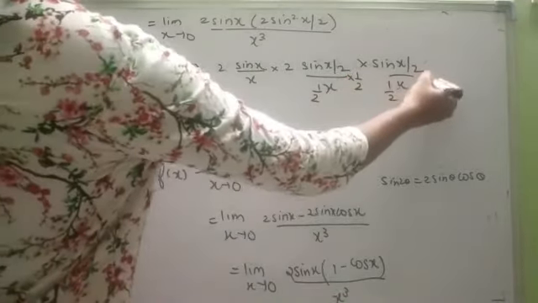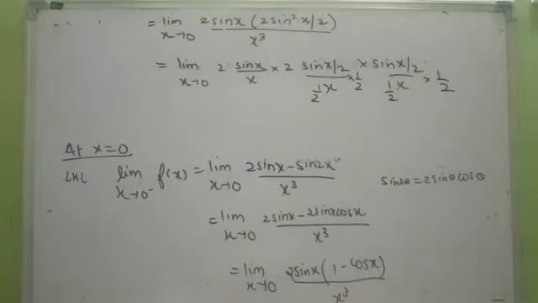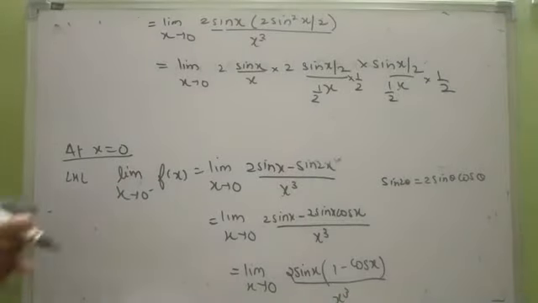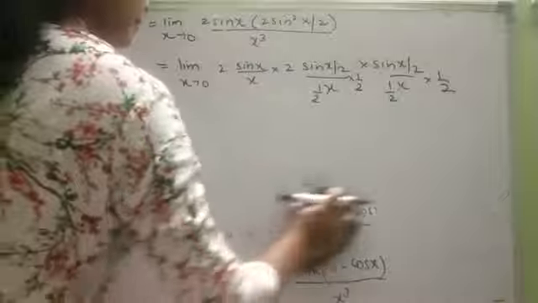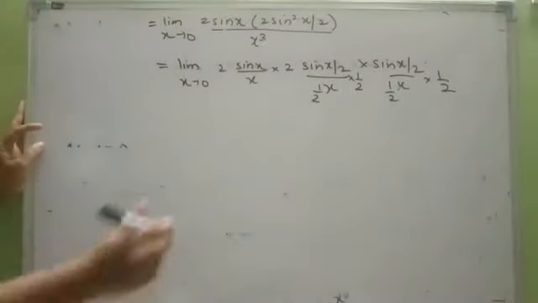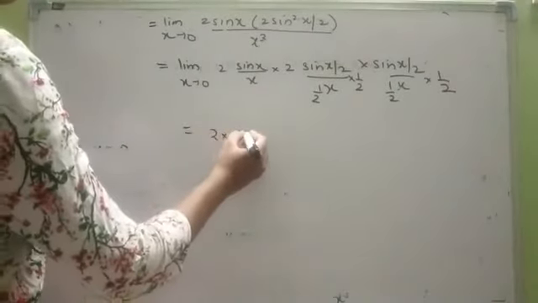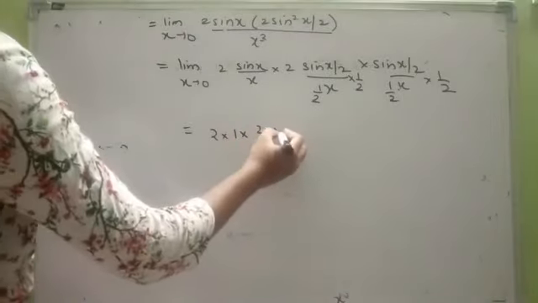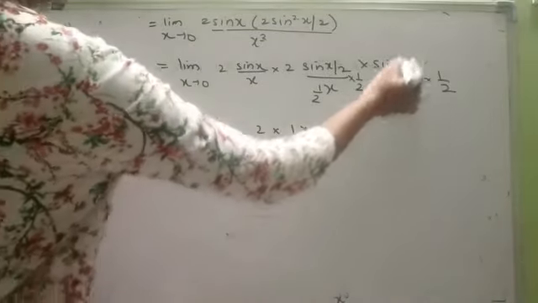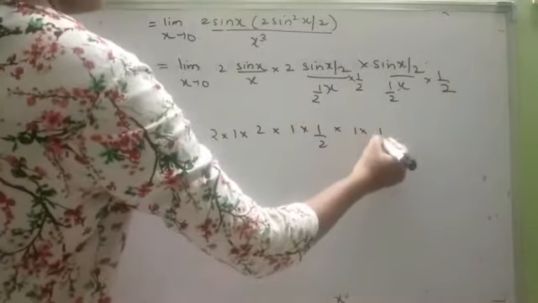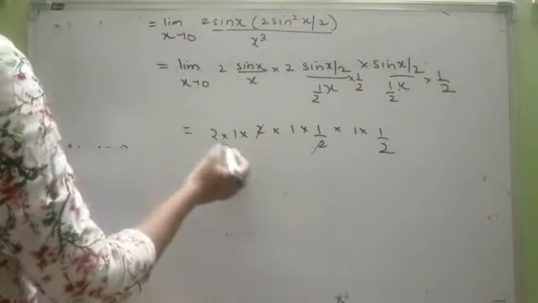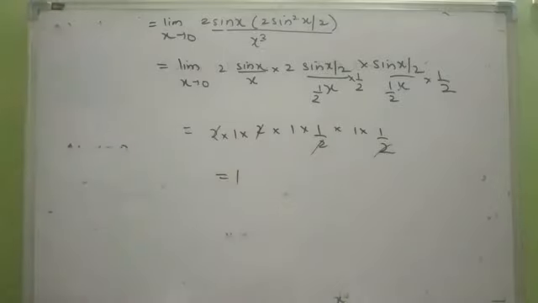Here also half. This also will be half. So what you'll get is 2, 1, half, this will be 1, and this last part will be balancing. So this will cancel and the answer will be 1. So your left hand limit at x equal to 0 is 1. Okay. So next we'll find the right hand limit.